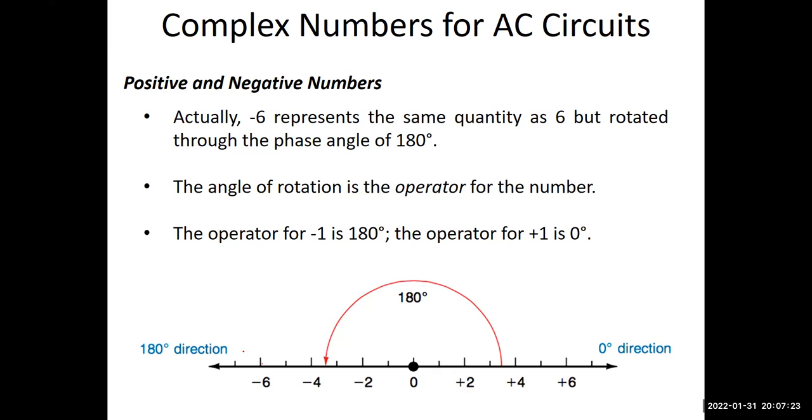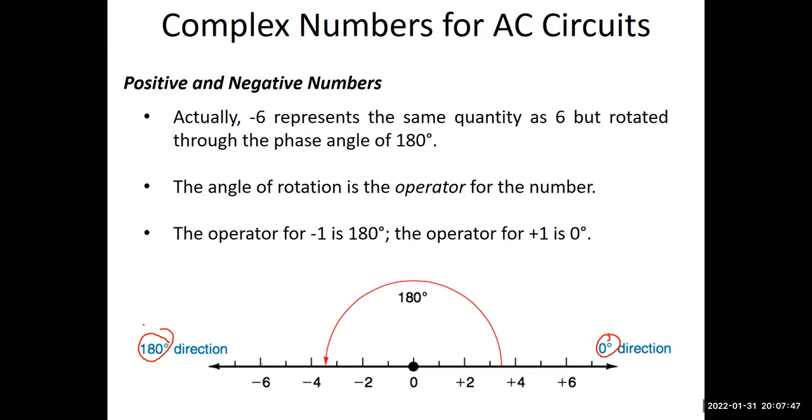Yun nga lang, yung positive numbers have a phase angle of 0 degrees, while negative numbers have a phase angle of 180 degrees.